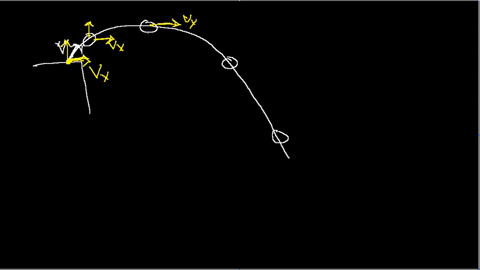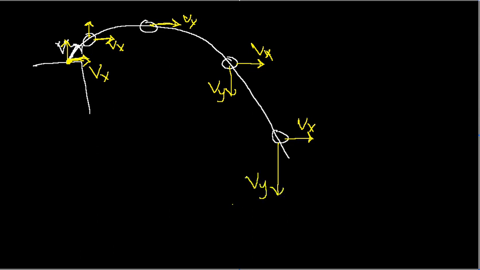There's no component in the y direction at this point because it's at the top of the trip. Over here, we got an x component because it's still moving in the x direction, and at the same time, it's moving down in the y. And over here, this is x by the way, it's got a velocity in the x, and it's still moving in the x direction, and it's moving faster down as it's going downward.